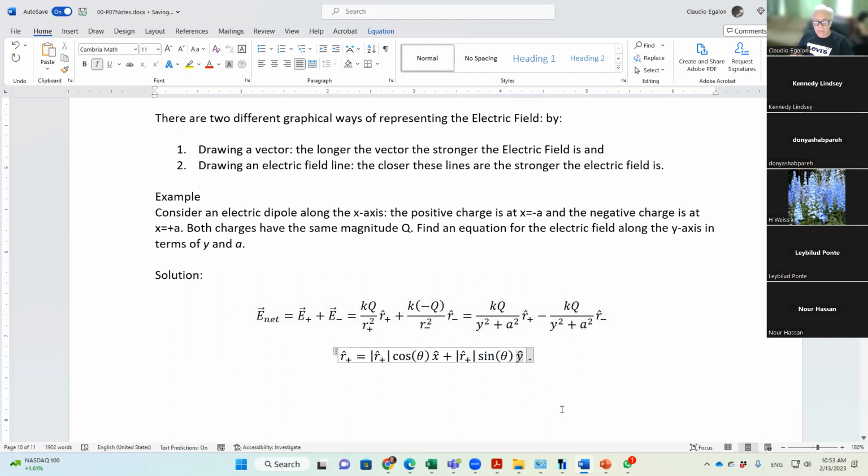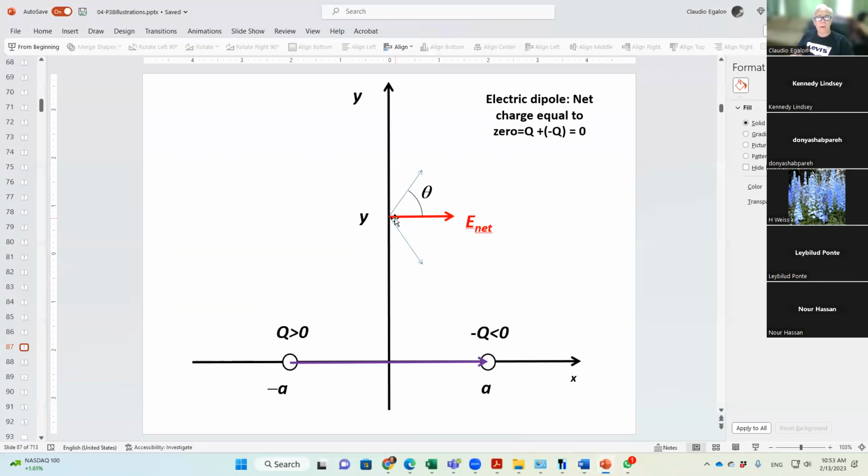They're both positive direction, right? It's to the right and upwards.